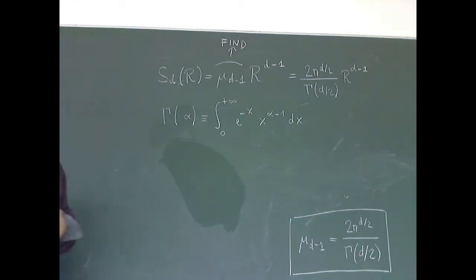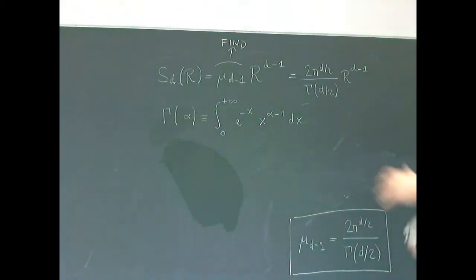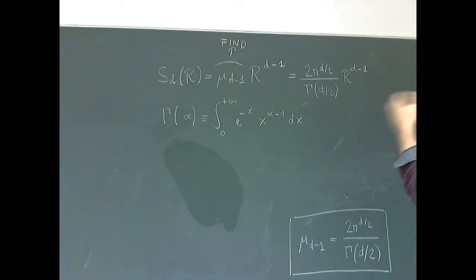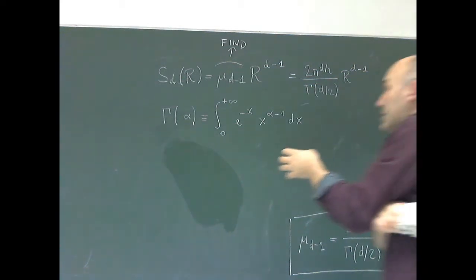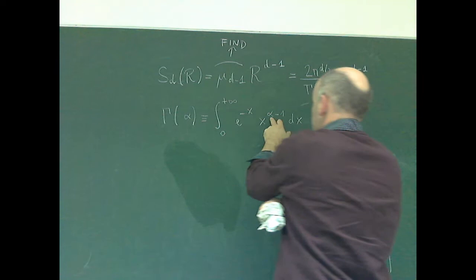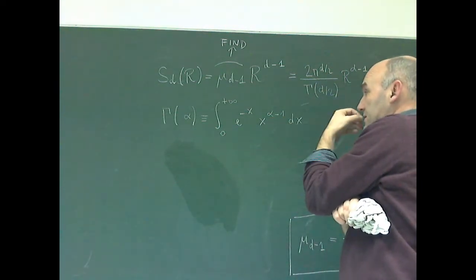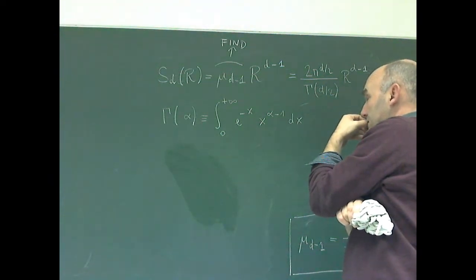Okay, so what I did next is just to put this result here that we're looking at. This is the final result. The gamma function is defined for any real and positive number as this quantity, this integral, okay.